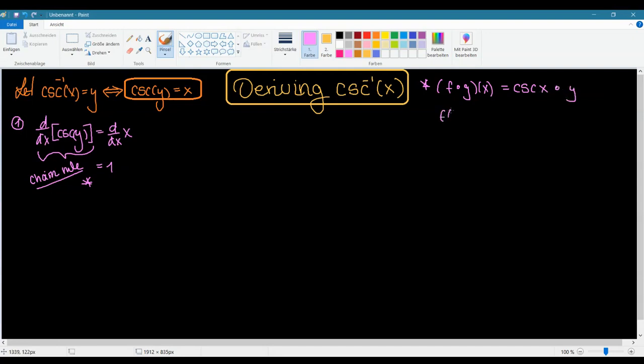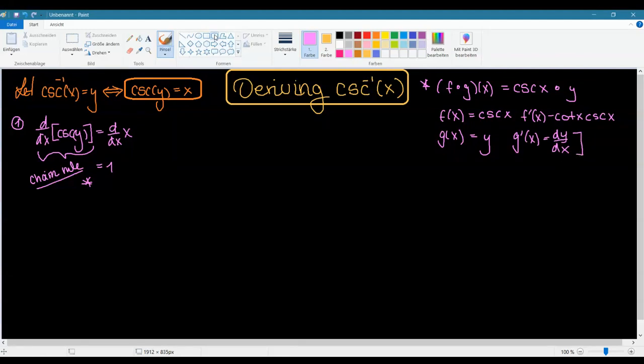Our outer function is therefore cosecant x, and the derivative of that is negative cotangent x cosecant x. And our inner function, g of x, is y. And the derivative of y is dy by dx.